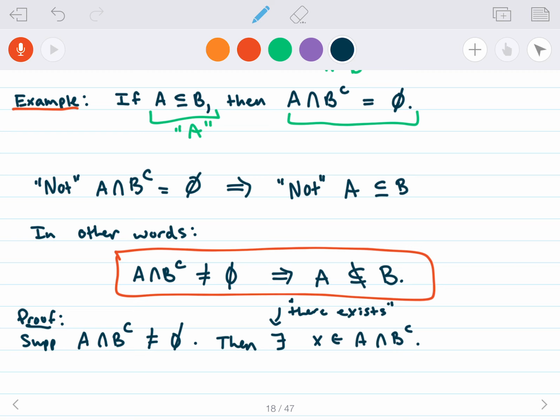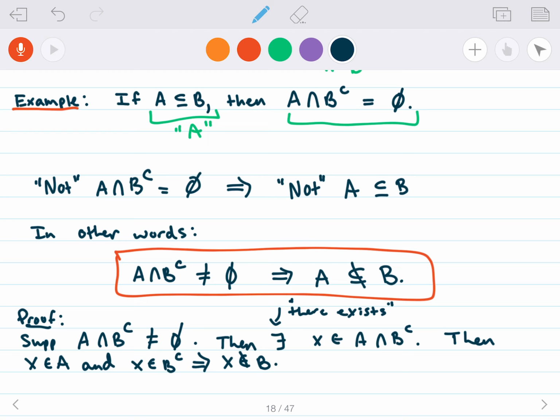And what does that mean? Then x is in A and x is in the complement of B. And what does it mean to be in the complement of B? This means that x is not in B. Okay?